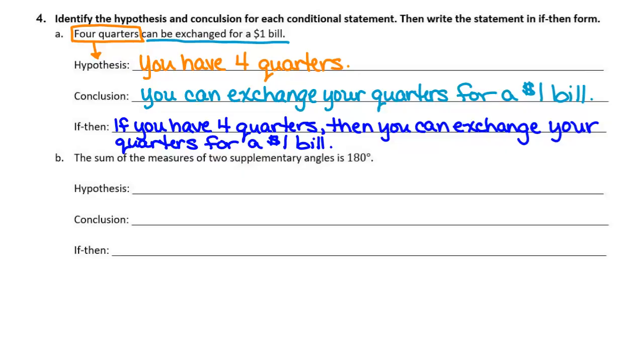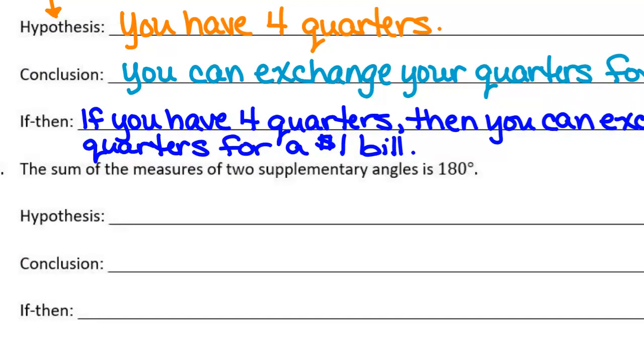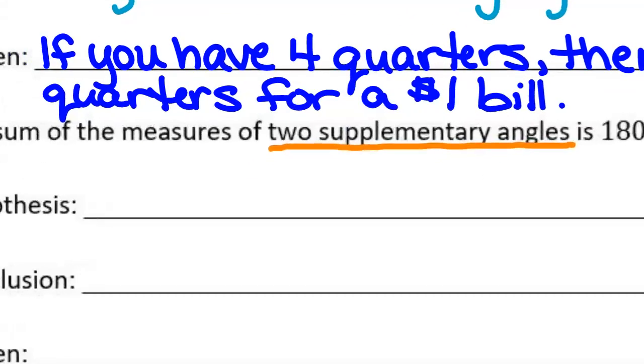Looking at the statement in part B, it says the sum of the measures of 2 supplementary angles is 180 degrees. This part right here would be my hypothesis. 2 angles are supplementary.